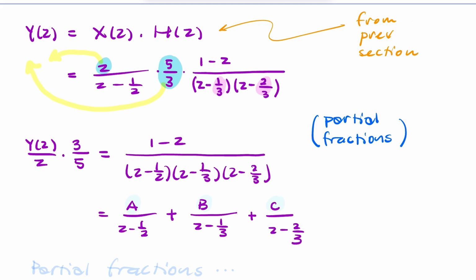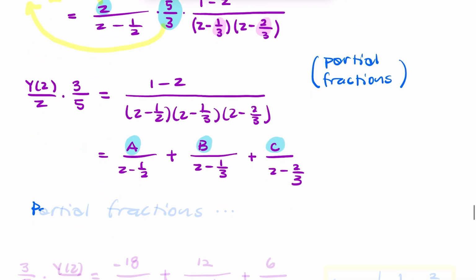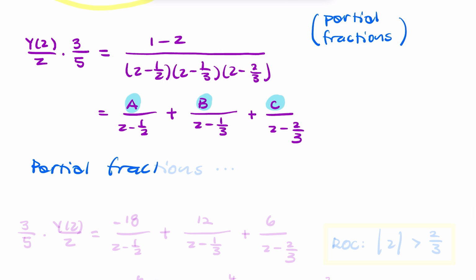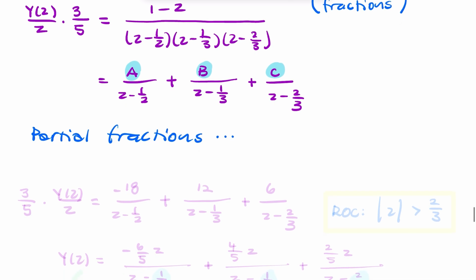What we want to do is to find A, B, and C. And once again, this is a case of partial fractions. So you write out your equation and you substitute values for z and you find the constants A, B, and C. So I've already done that.